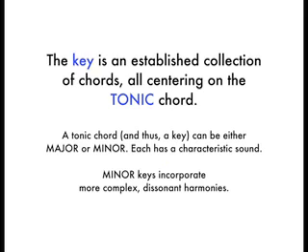A tonic chord, and thus a key, can be either major or minor. Here's a typical chord progression in a major key. Here's the same progression in a minor key. Note the difference in sound.